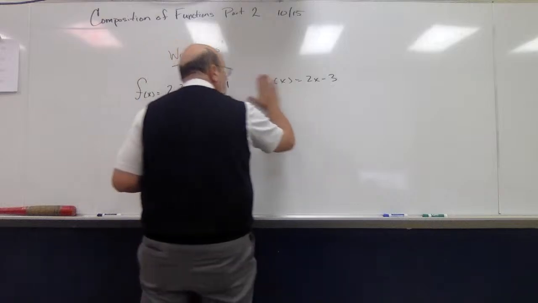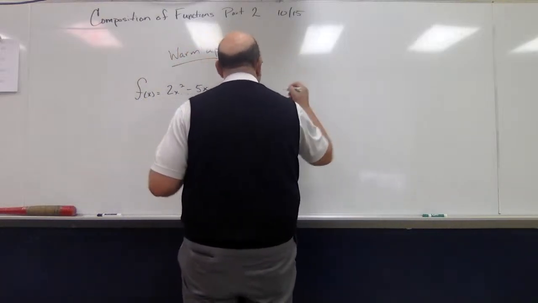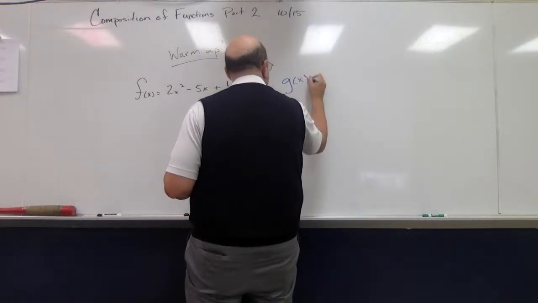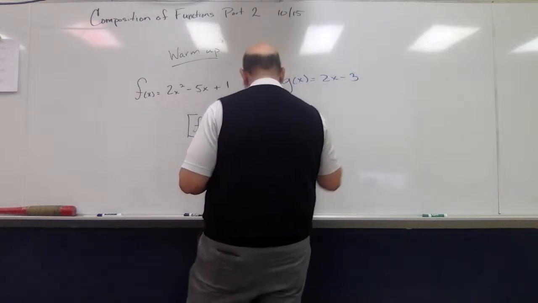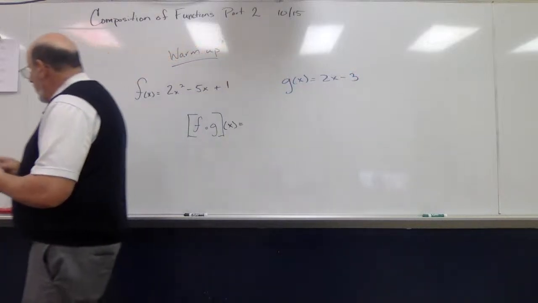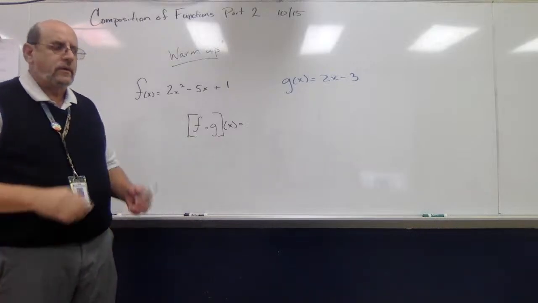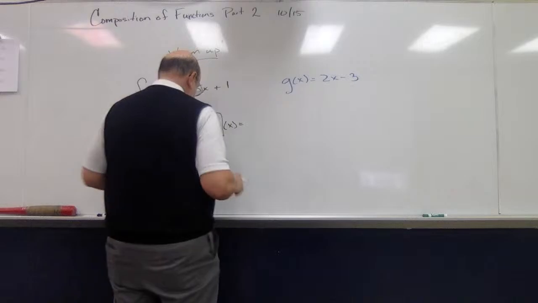Let me, just for fun, G of X is 2X minus 3, right? Okay. So when we do this, I'm going to start out.